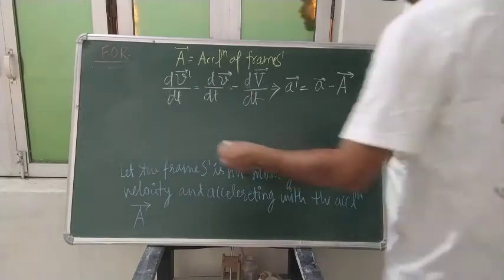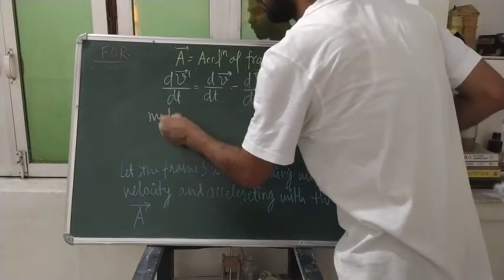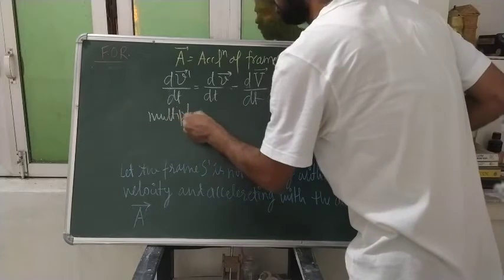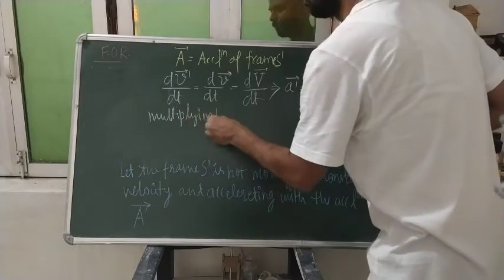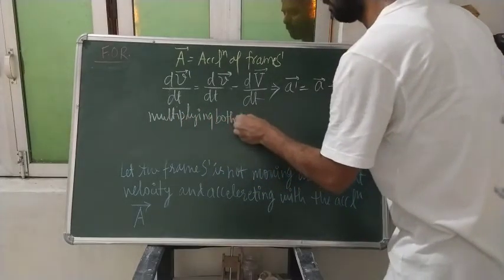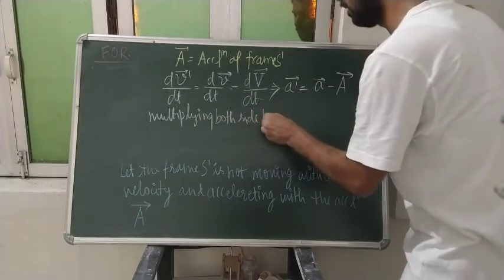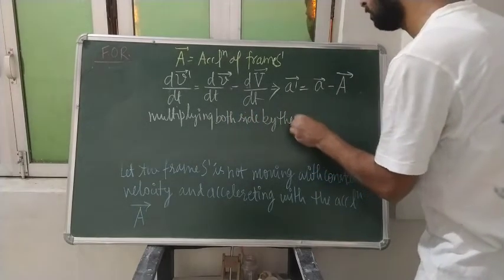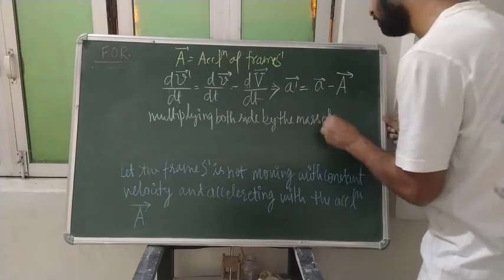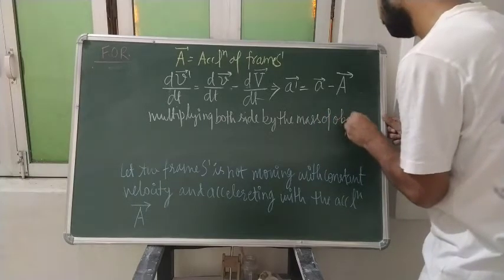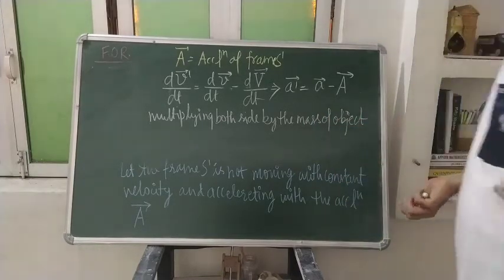Now next thing is multiplying both sides by the mass of the object.